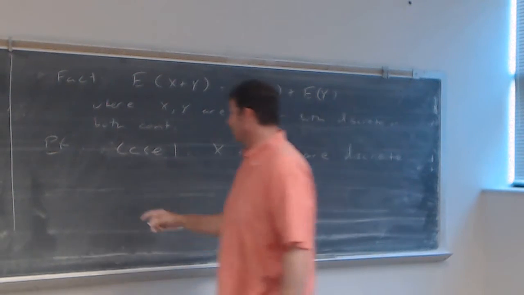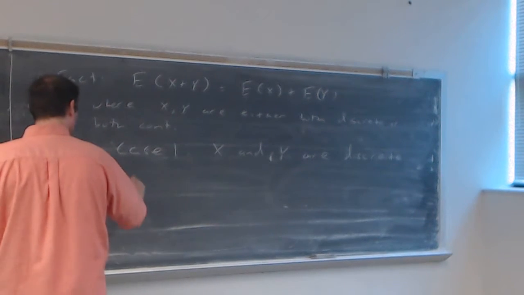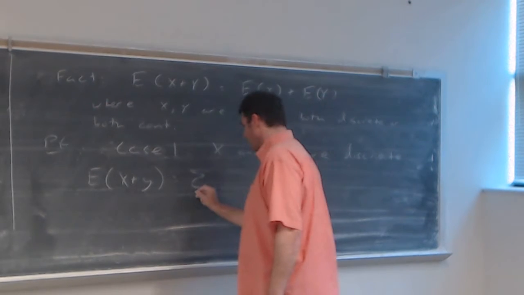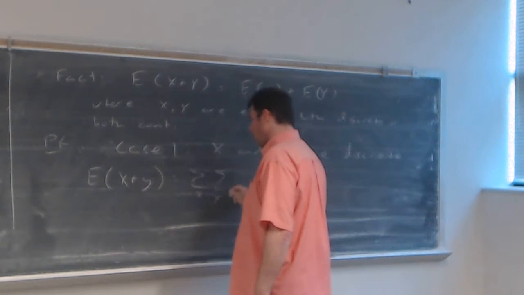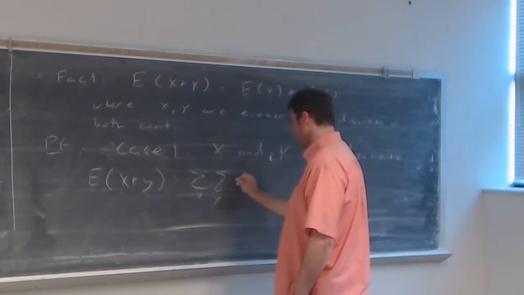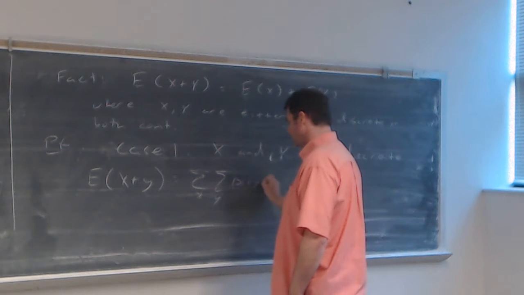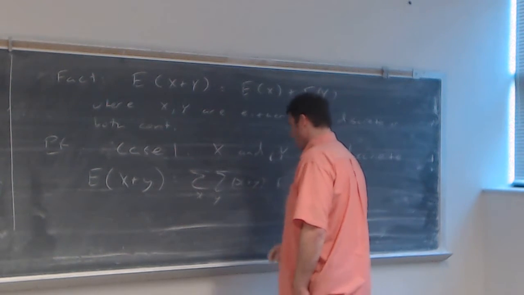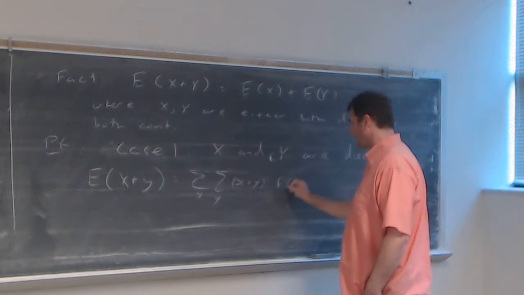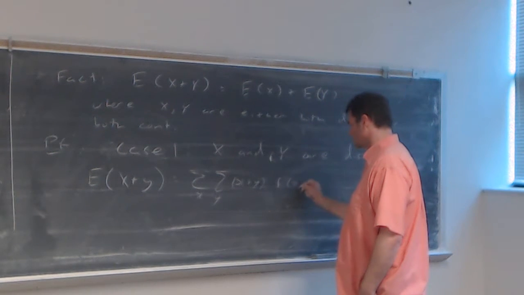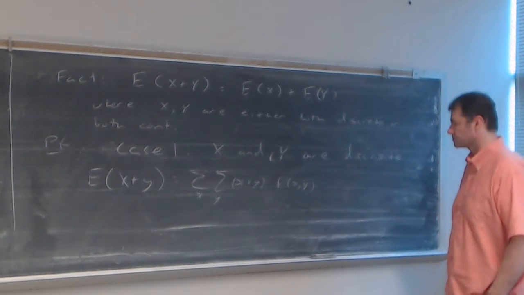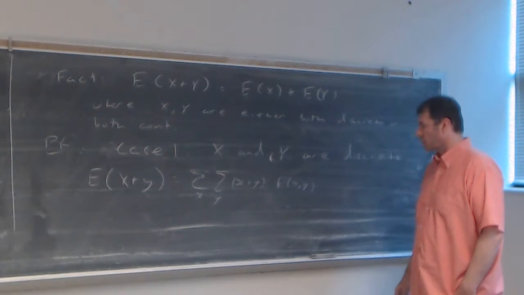If they're both discrete, then the expected value of x plus y, by our definition, is the sum over all the x's, sum over all the y's, of x plus y times f of x comma y.